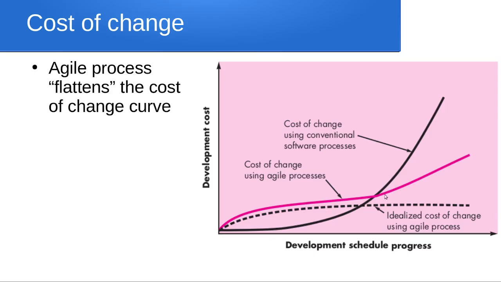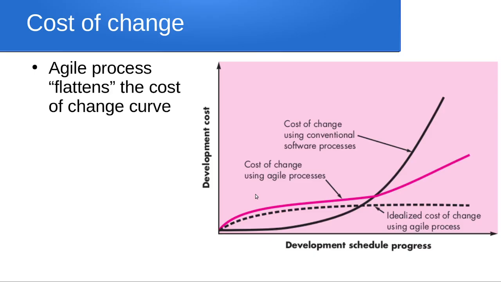However, this is the curve that we believe it is something like, where initially till construction, maybe till a certain phase, where you can think about a prototype or first increment, till that time these change requests can be accommodated easily. However, after that the cost also increases, even in the current agile process being used in industry.